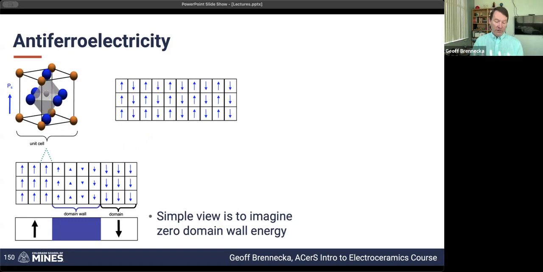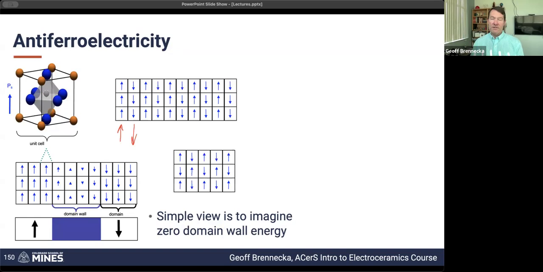So one example is one that I've shown here. One possibility is where you've got columns of these arrangements. You can imagine, this is of course in 3 dimensions. So you could also imagine that if you have those columns laid down, then if you look at it from the side, you end up with sort of diagonal periods where the way that the spontaneous polarization arranges is head to head and tail to tail everywhere.